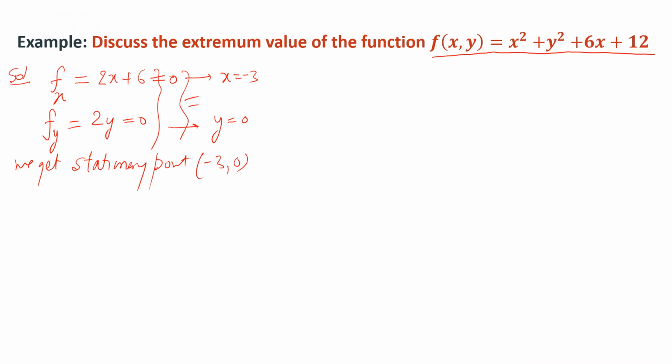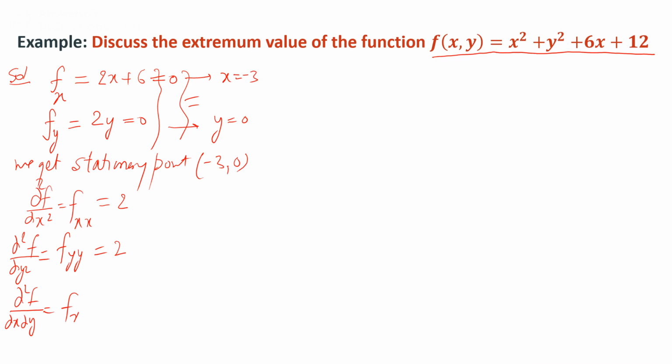Now we check whether the function has a maximum or minimum, so we use the second partial derivatives. The second partial derivative with respect to x, fxx, is 2; the second partial derivative with respect to y, fyy, is 2; and the partial derivative with respect to x and y, fxy, we get 0.